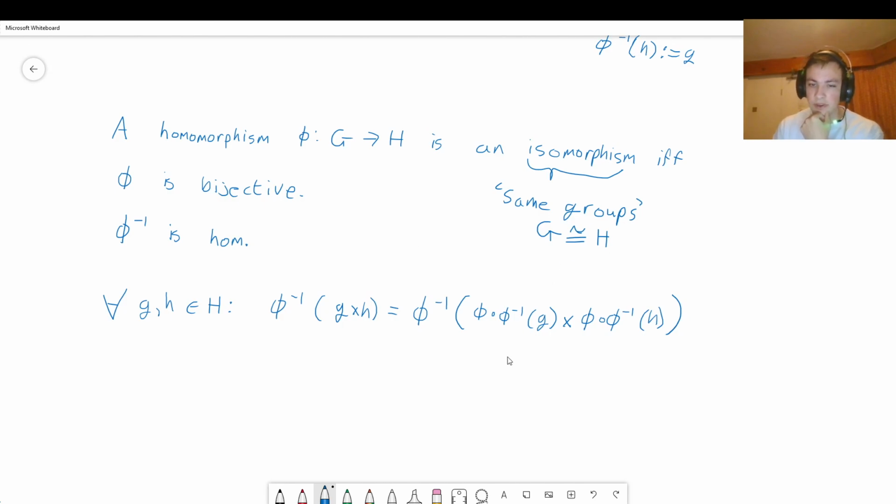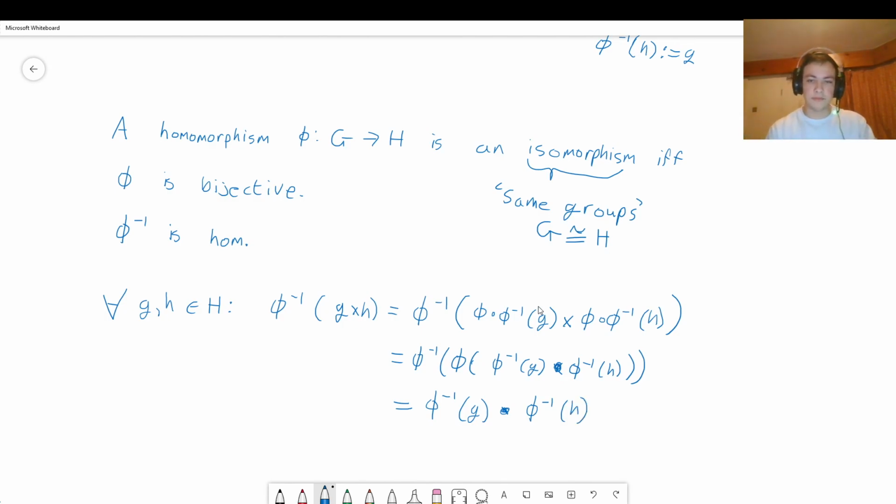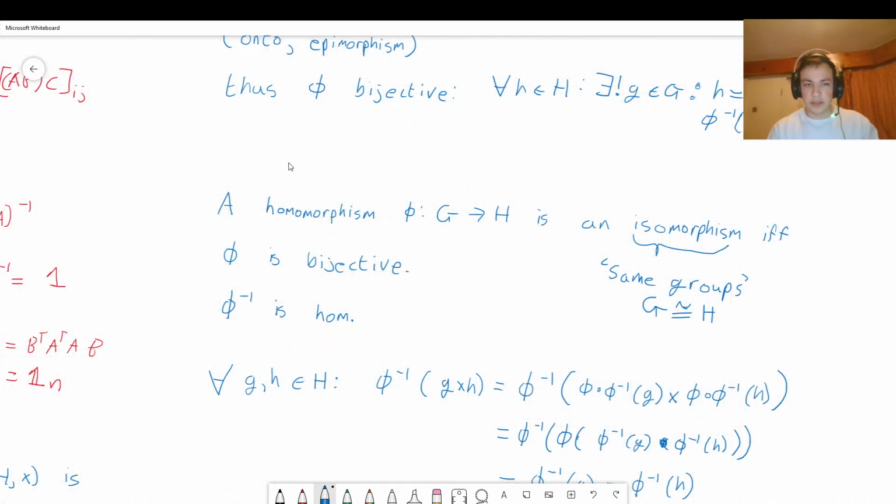But then we can use phi being a homomorphism to combine these two. So that's now phi inverse of phi of phi inverse of g times phi inverse of h. But phi and phi inverse composed like that is the identity on G, so we can just remove it, and that is then phi inverse of g, that should be dotted, whoops, dot phi inverse of h. Okay, so phi inverse is automatically a homomorphism, and so isomorphisms are very important.